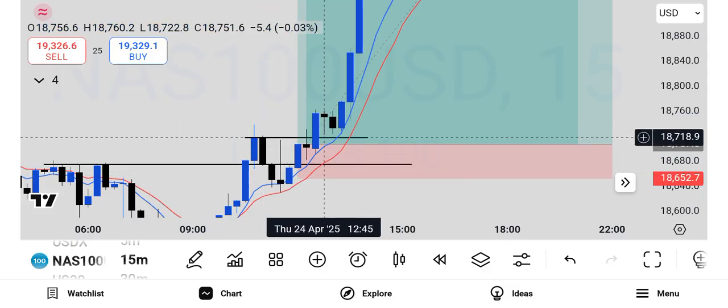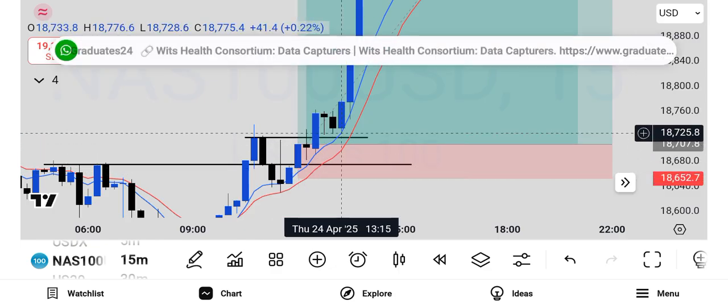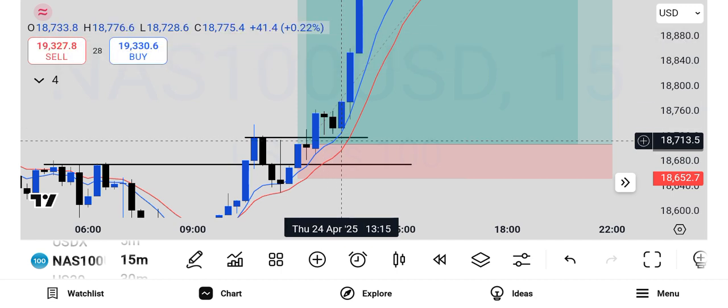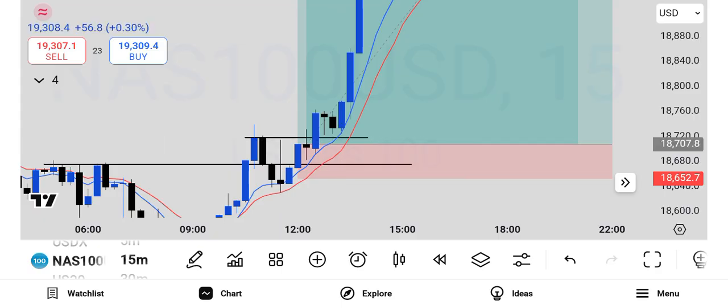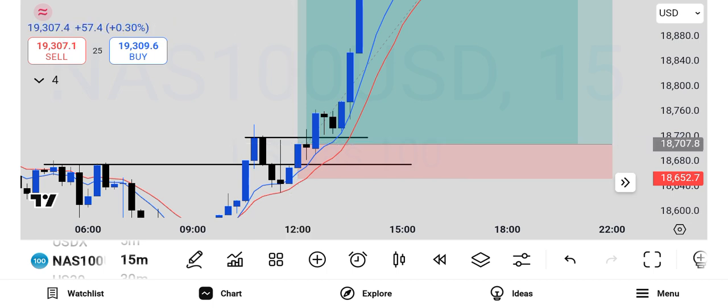Whenever these moving averages are below price, supporting price, that means to me that price is gonna go higher. And when the moving averages are above price, it means that price is going down because the moving averages are what are resisting price. In this case, after the market printed this Marubozu candlestick, I took my buy entries.